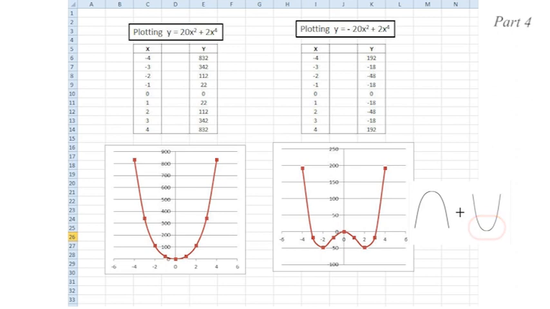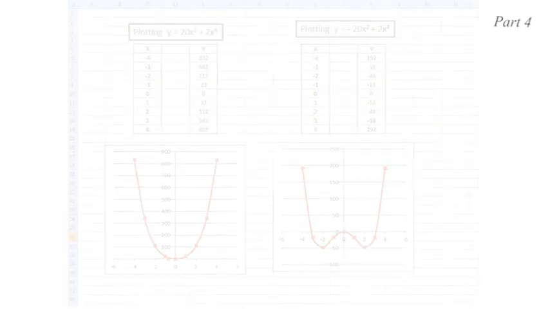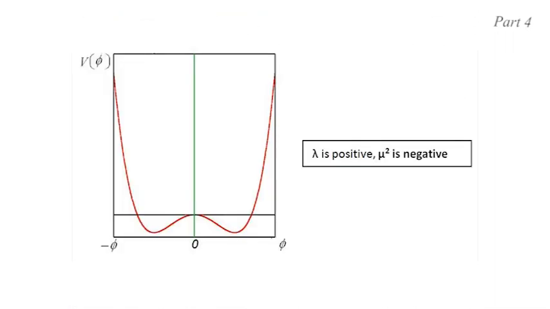So the upside down parabolic shape of the squared term dominates near the zero of phi, and we get the bump in the middle. But for large phi, however, positive or negative, the phi to the fourth term dominates and takes the curve upwards on either side, despite the upside down parabola trying to take it downwards. So the plot for the potential V against phi then looks like this for a positive lambda and mu squared being negative.